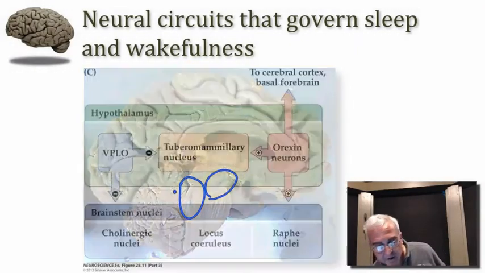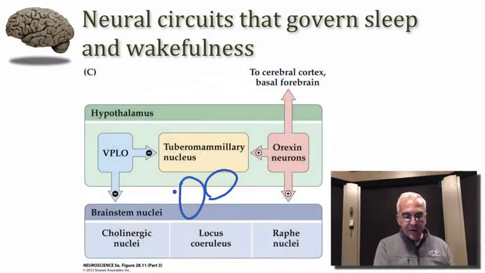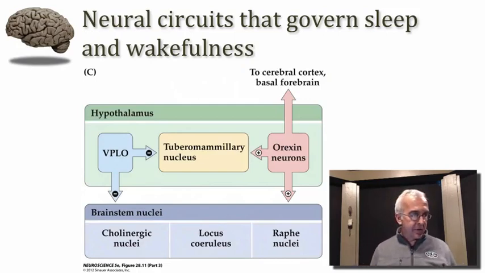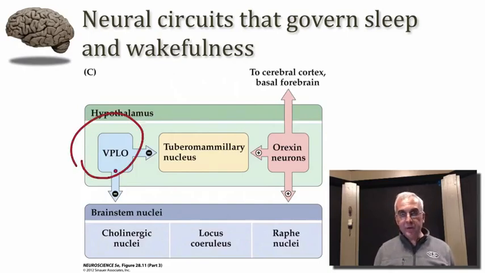So let's get back to talking about this balance between the sleep promoting systems and the wakefulness promoting systems. So one of the key factors in promoting a transition from being awake to being asleep is the activation of this ventrolateral preoptic area of the hypothalamus.